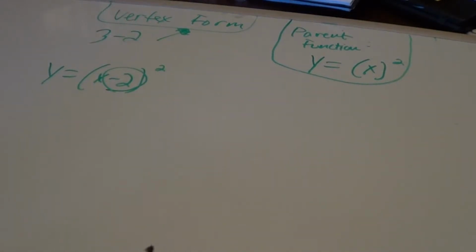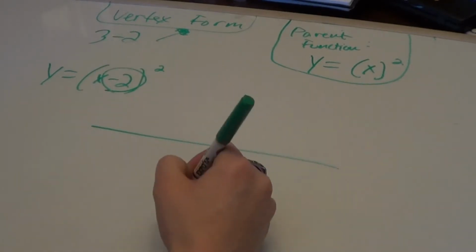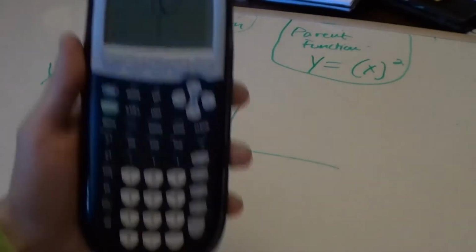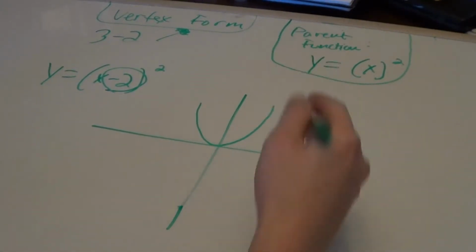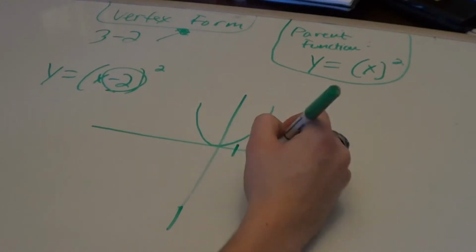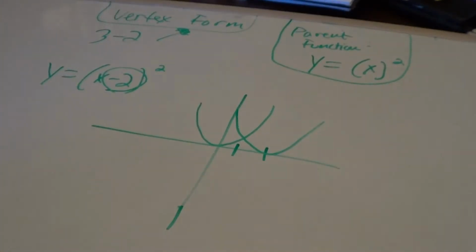And remember, when it's a negative h, that means it's going to be moving in a positive direction. So if it were on a graph, it should look exactly like it does on here. So we have the parent function here, and then 1, 2, just like that.